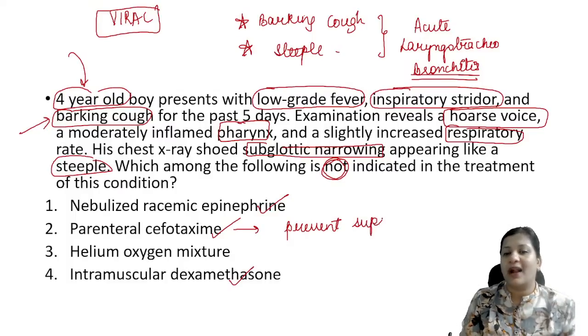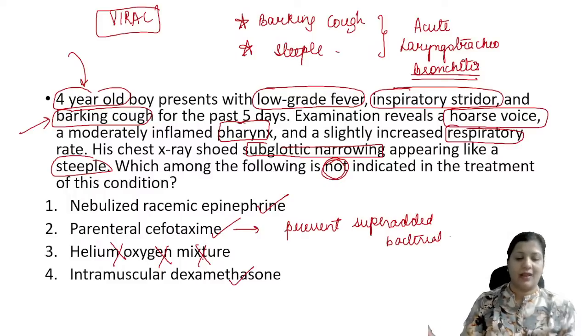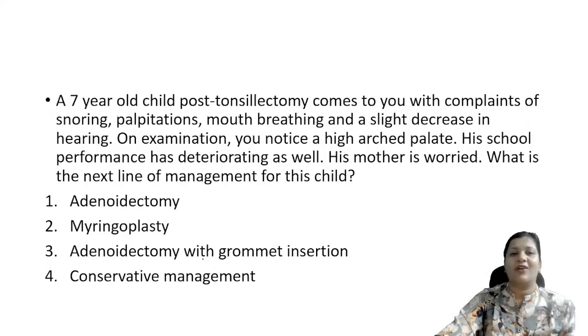Once there is a superadded bacterial infection, the condition will only worsen. So you will give parenteral cefotaxime. Helium oxygen mixture is not necessary. If necessary, you can give 100% oxygen, but not a helium oxygen mixture. This is not a part of the treatment in a patient with LTB. Okay, I'm sure everyone got it now.